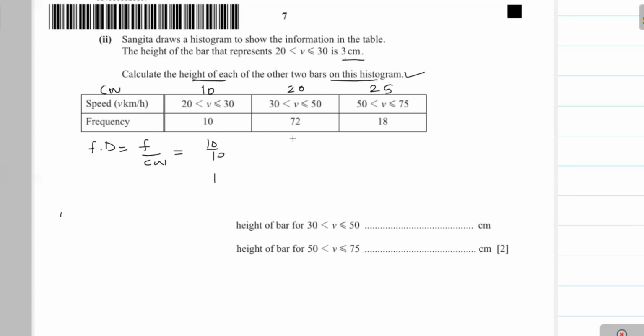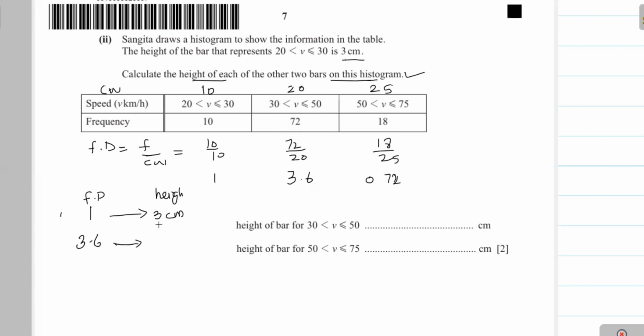Next, 72 over 10 will be equal to 3.6. And next, 18 over 25 will be equal to 0.72. When the frequency density height is 1 unit, the height of the bar is 3 centimeters.